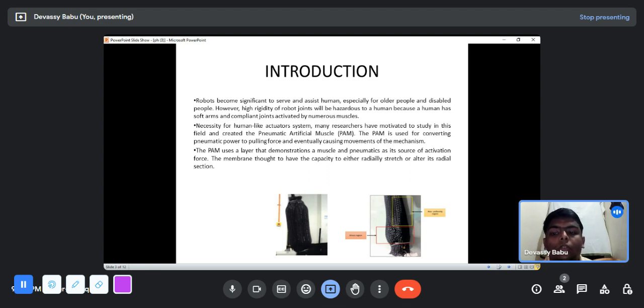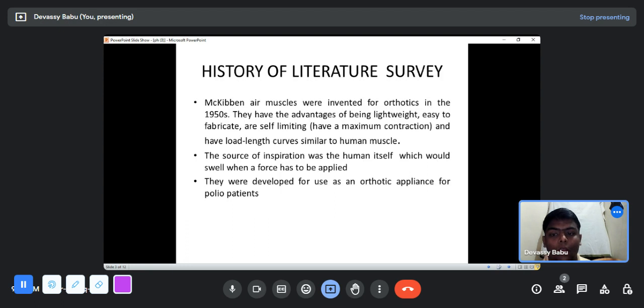The PMA is used for larger demonstrations, with muscles and pneumatics as its source of activation force. The membrane is thought to have the capacity to radially stretch or alternately contract its radial sections.